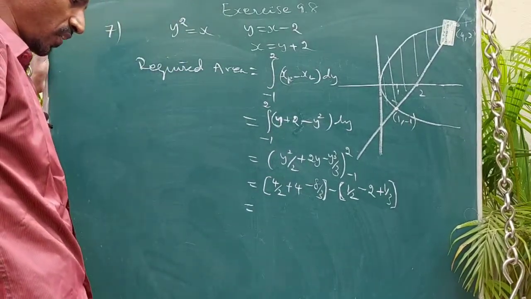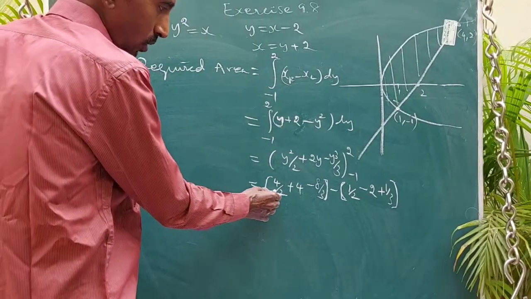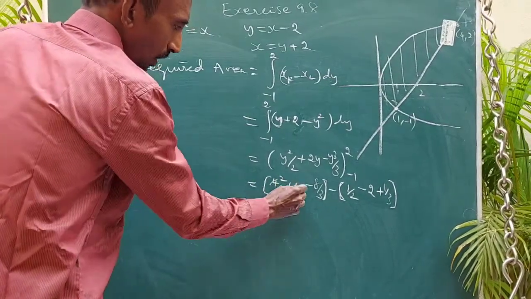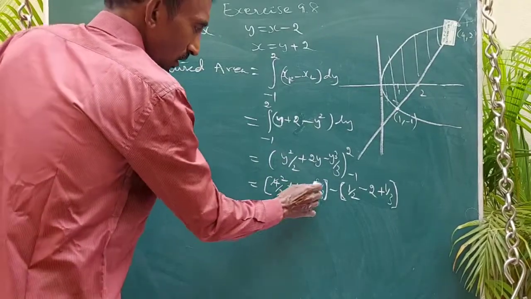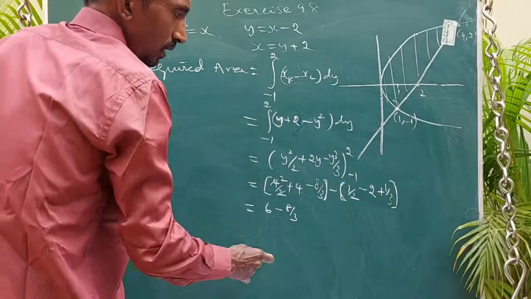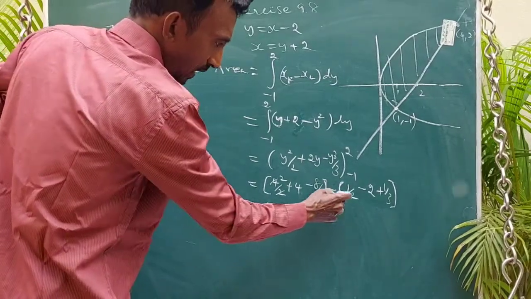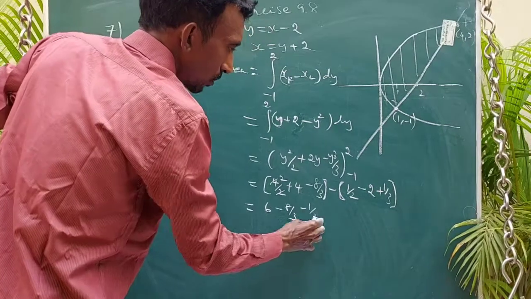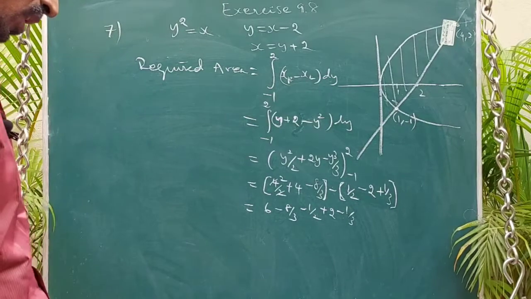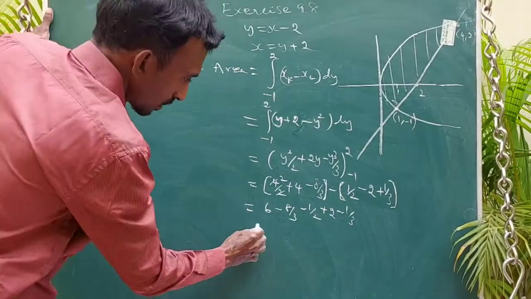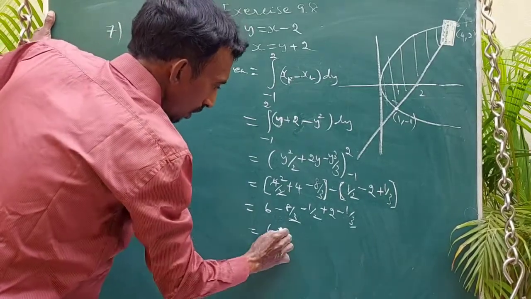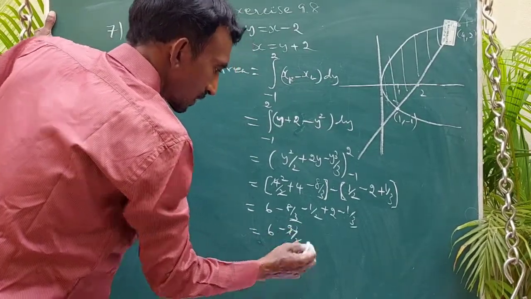So what are we simplifying? So 4 by 2, sorry, we can cancel it, 2 plus 4 is 6, okay, minus 8 by 3. Here what are we getting? Minus 1 by 2 plus 2 minus 1 by 3. If we sum up these two, minus 9 by 3, so it becomes 3.